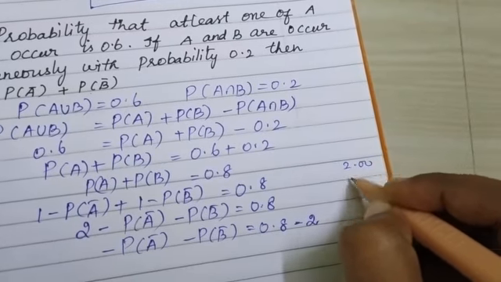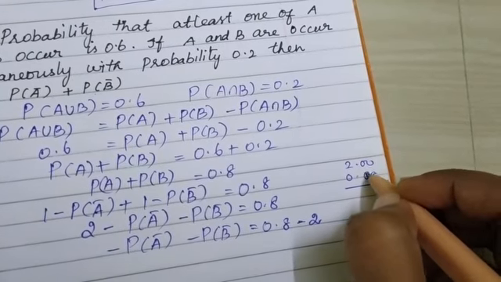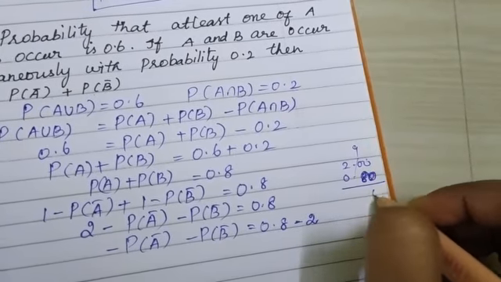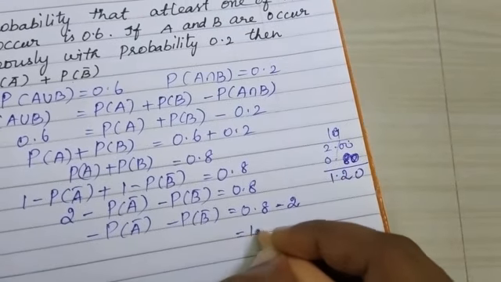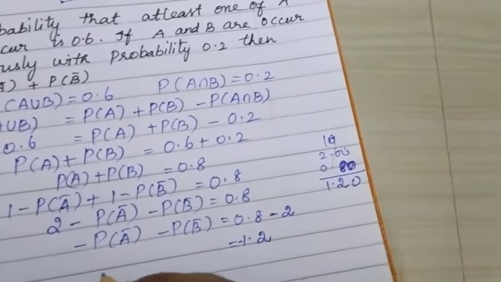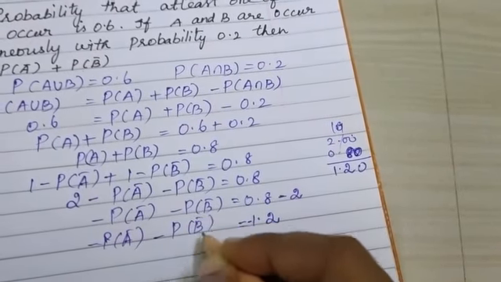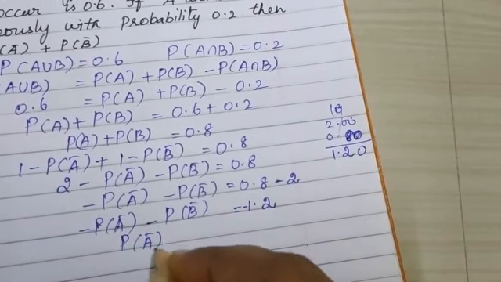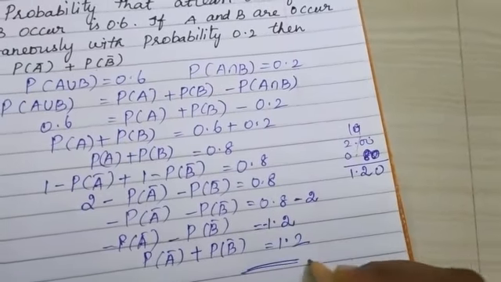Borrow, 10 minus 2, 8, so 1.2. So minus P of A dash minus P of B dash is equal to minus 1.2. So the minus cancels. So P of A bar plus P of B bar is equal to 1.2. Okay, you understood?